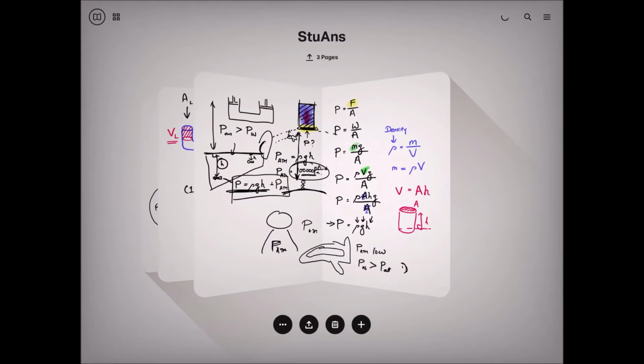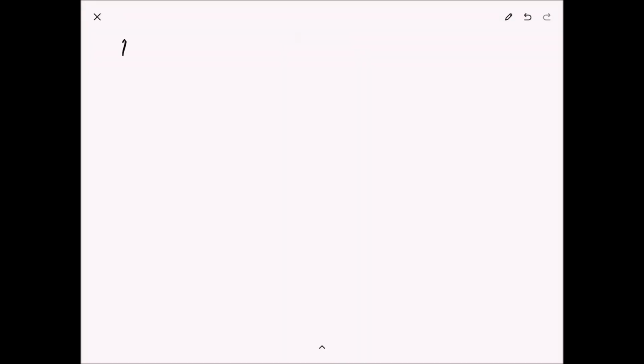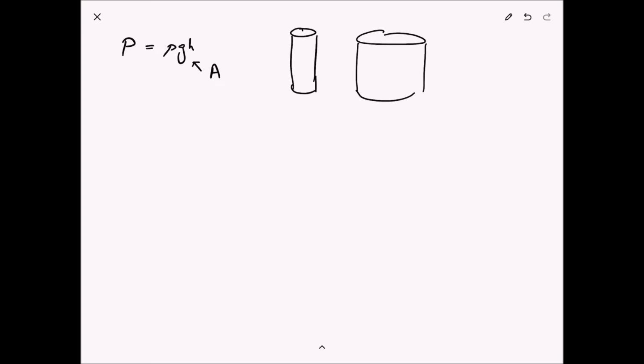Okay, now that we know that fluid pressure is given by rho g h, you will notice something very interesting: in this formula there is no more A. This means that if you have two cylinders, one big, one small, and you fill them with the same fluid of the same density, and you are standing below, regardless of the cross-sectional area, as long as the density and the vertical height are the same, both will have the same pressure acting on them.